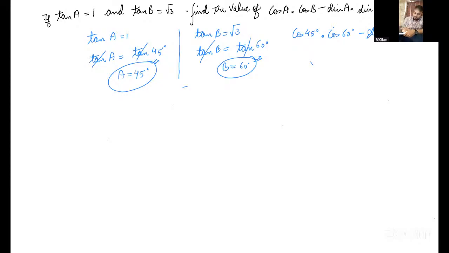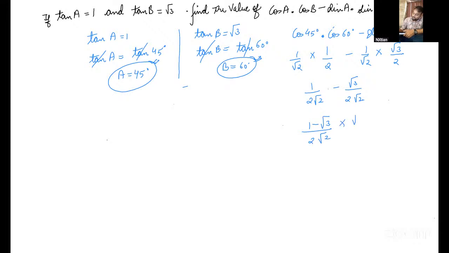So now cos 45 is basically 1 by root 2, into cos 60 is root 3 by 2, minus sine 45 is 1 by root 2. I wrote wrong. Into sine 60 is root 3 by 2. So it will become 1 upon 2 root 2 minus root 3 upon 2 root 2. So 1 minus root 3 upon 2 root 2.